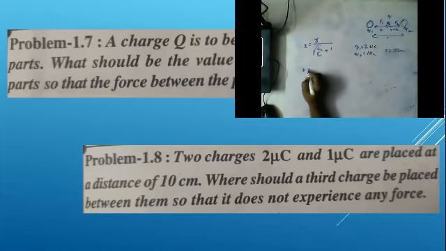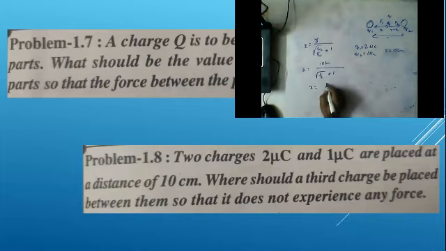So we can write x is equal to r value, 10 centimeter, by square root of q2, which is 1, and q1 is 2, plus 1. So here what we are getting, guys, x is equal to 10 by 1 plus root 2, into root 2.